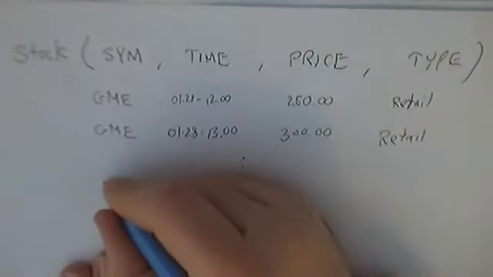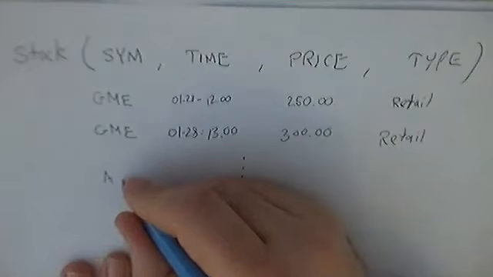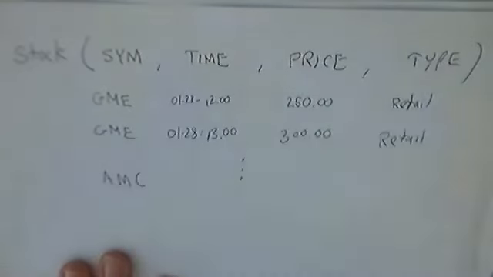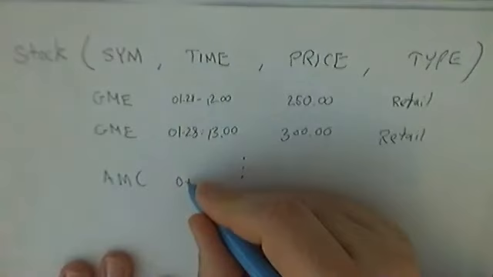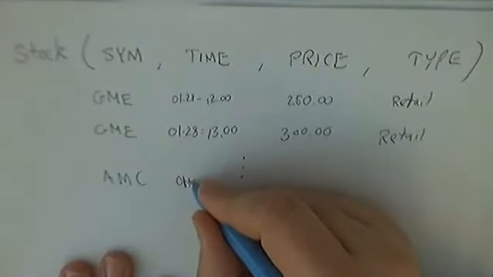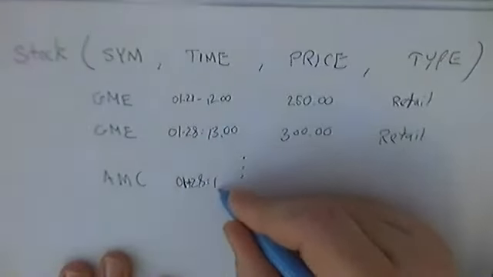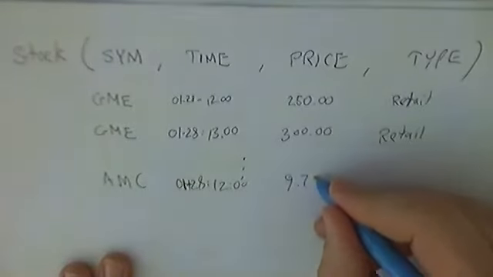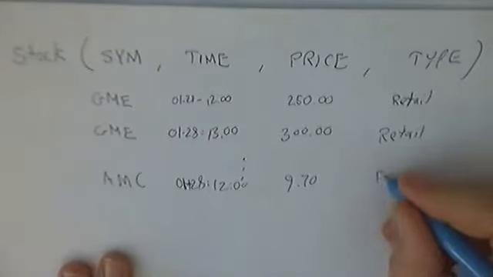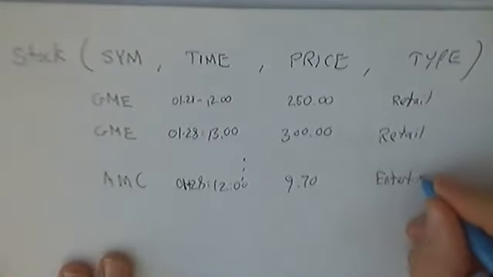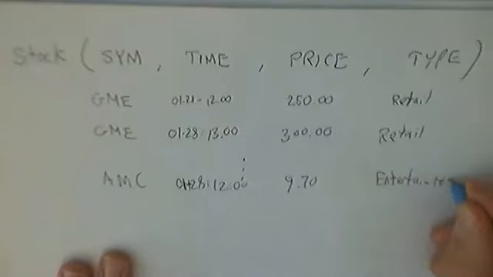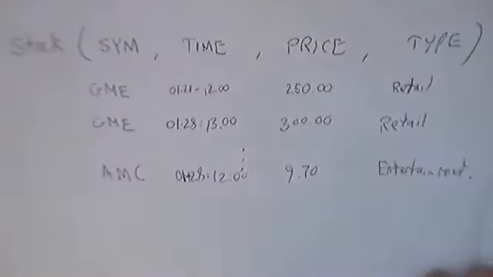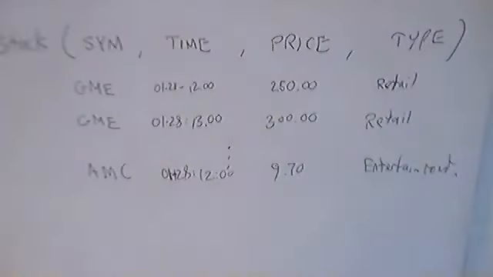We might have another one, AMC, which at a certain time, 28, had a price of, I don't know, 9, and that's going to be type entertainment. We'll consider this the database we're going to think about going forward.